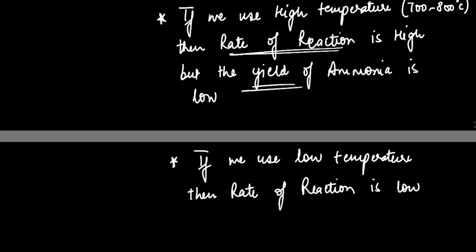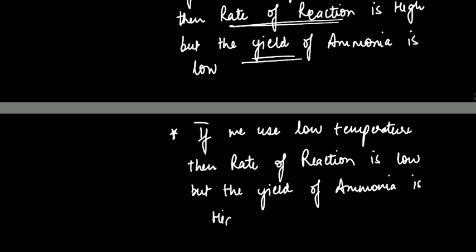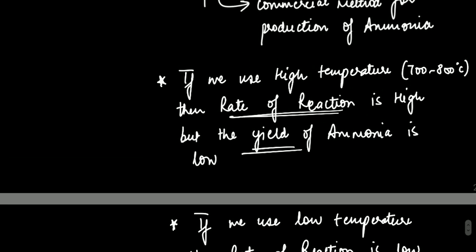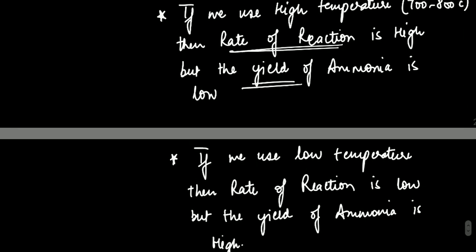That means the speed with respect to time is going to be very slow, but the yield of ammonia is high. That is the experimental observation that scientists, Haber's process, that's the scientist name, have observed. So what to do in this case?